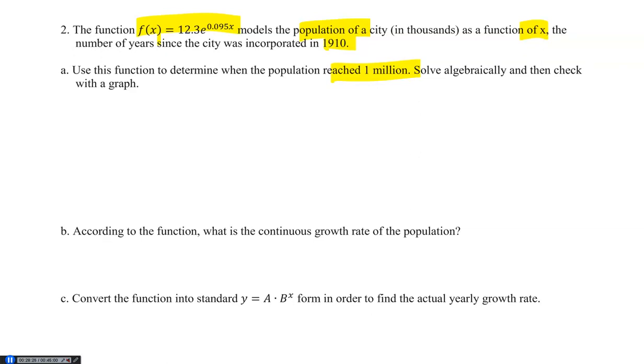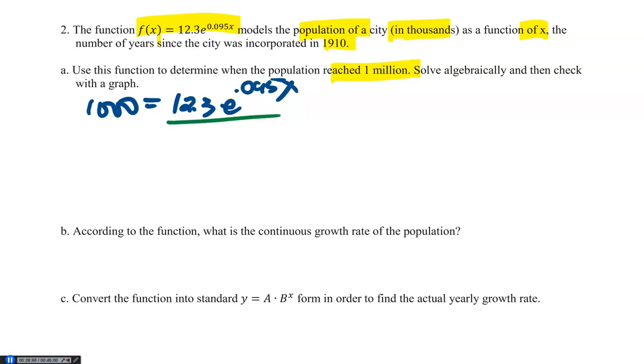Alright. And remember, this is in thousands, so 1 million over 1,000 would be 1,000. So it's equal to 12.3 e raised to 0.095x, and then solve for x.